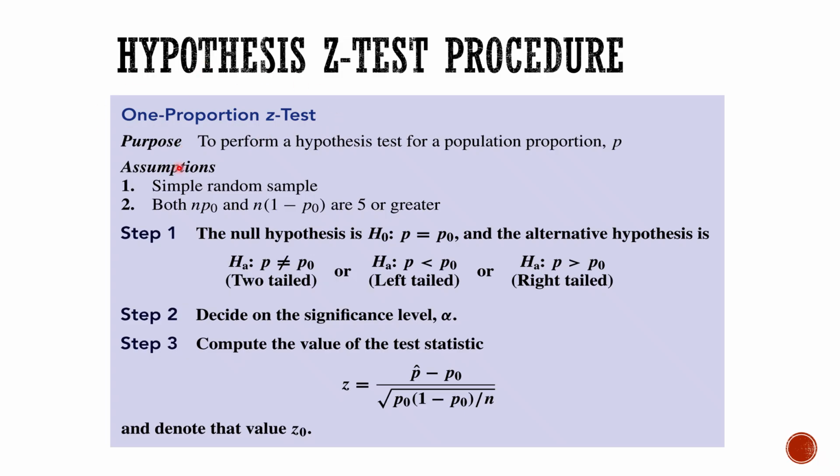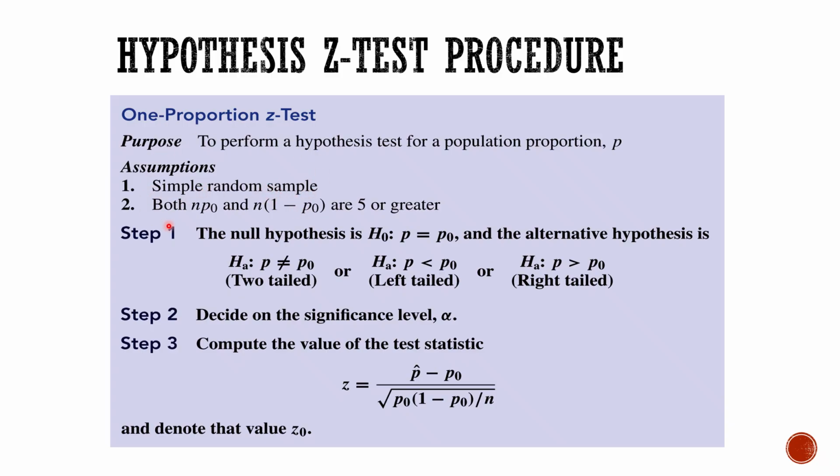The purpose is to perform a hypothesis test for a population proportion P. As with all other tests, as well as confidence intervals, we have to make sure certain conditions are satisfied. The first being that the sample that is used for the study is a simple random sample.